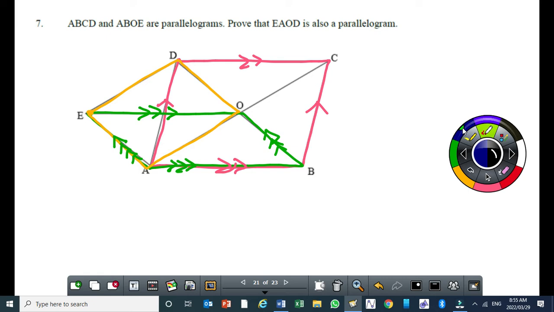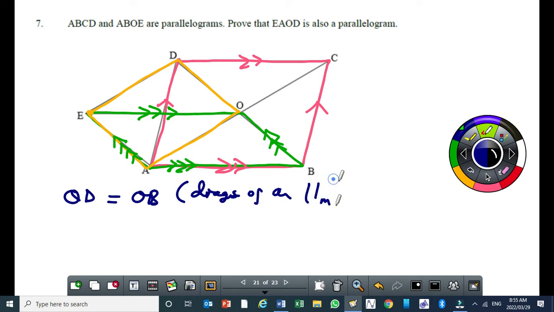That's all. So, I'll start by saying OD is equal to OB. My reason for this is that of the parallelogram. You don't have to write bisect each other and all that. You don't have to. Remember, your teacher gave you, or I also gave you, a copy of the acceptable reasons. So you can write diagonals of a parallelogram.